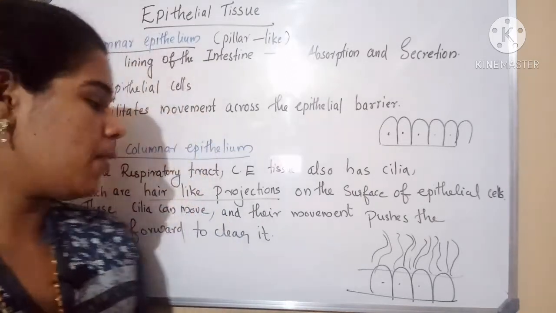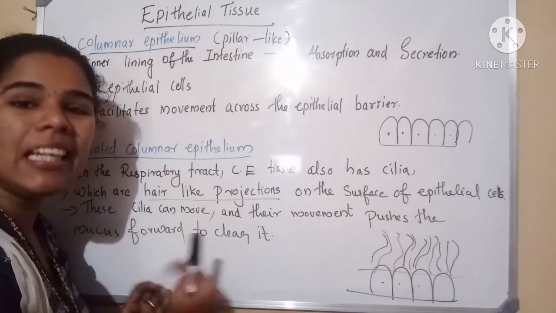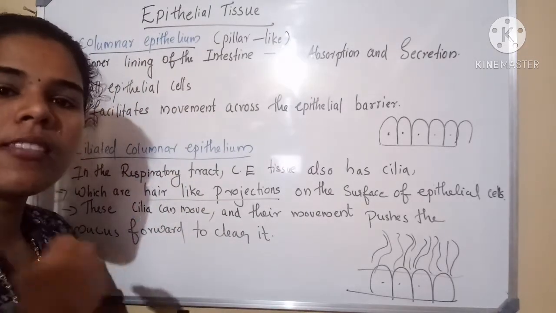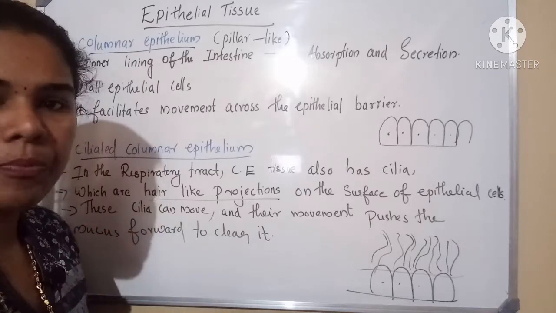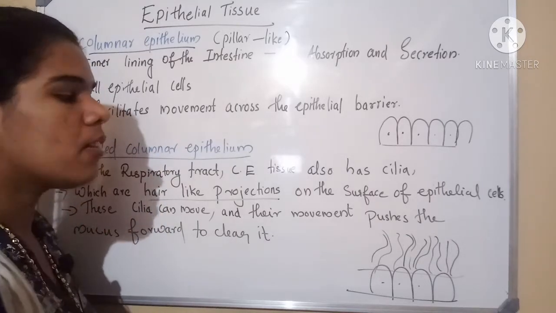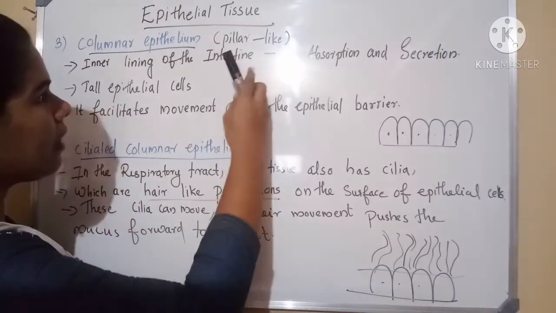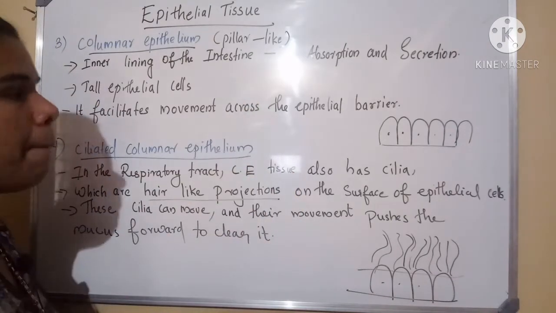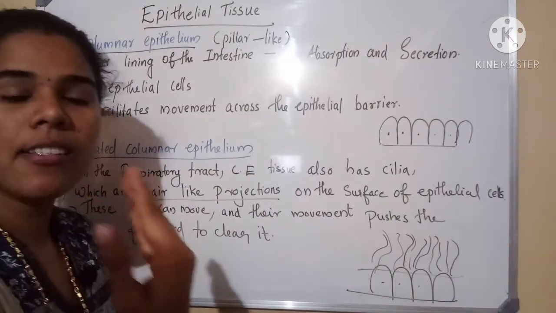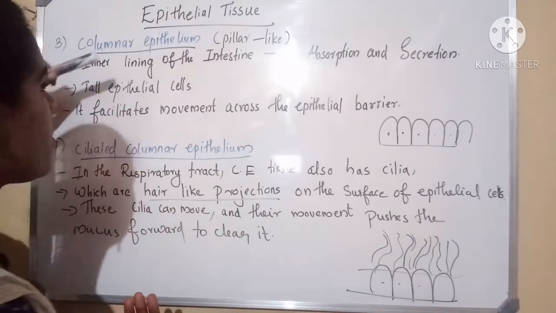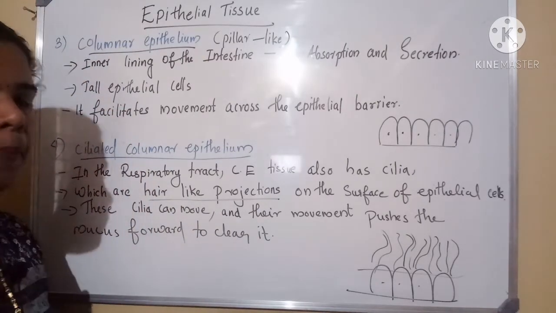Because of the action of the cilia, the mucus comes out. So these are two types of epithelial tissue: first we learned squamous, and the second one is columnar epithelium.